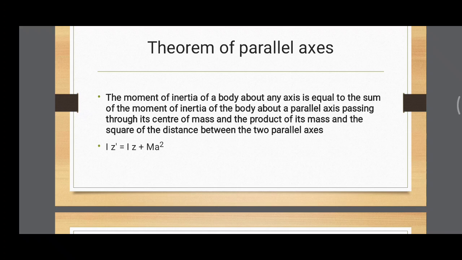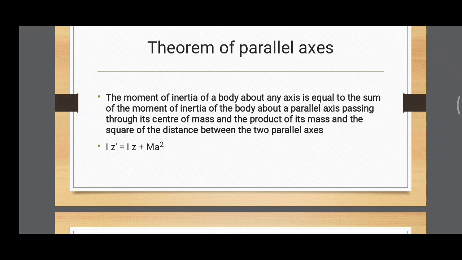That is Iz plus the mass of the body m times a squared, where a is the distance between these two parallel axes. One is the axis for which we are going to find the moment of inertia. The other is the axis which is parallel to this axis and which is passing through the center of mass.